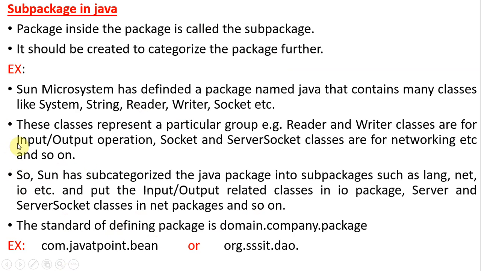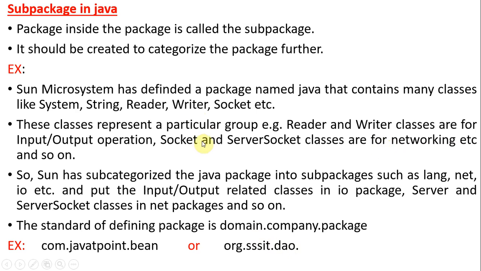Sun Microsystems, who developed the Java language, defined a package named java. In that many classes are available, like System, String, Reader, Writer, Socket. These classes represent particular groups. Reader and Writer classes are meant for input output operations, and Socket and ServerSocket classes for networking. So specific classes for specific purposes.